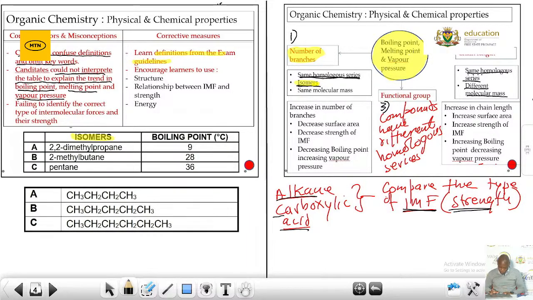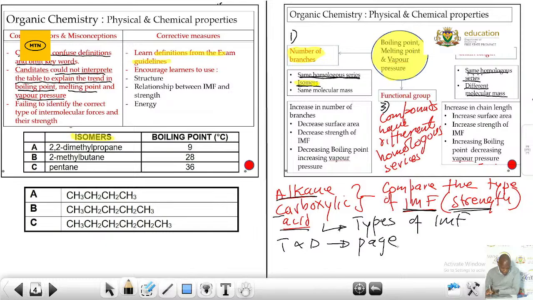So when working with functional group, it becomes somehow a little bit easy, but we need now to know the type of intermolecular forces. So the types of intermolecular forces are given now in our terms and definitions, and this is on page 9. So please, when you are trying to prepare, know exactly which homologous series has a specific type of intermolecular forces. Also know in terms of the strength of the intermolecular forces.